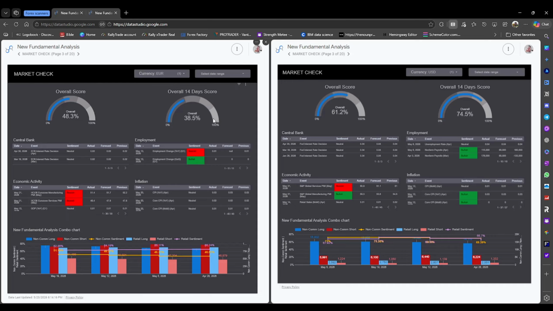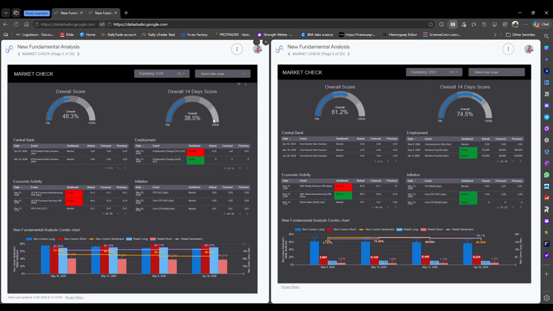And if the recent 14 days is bearish, obviously the overall data is slowly going to start tilting towards the bearish side. So basically what the 14 days is telling us is the degree at which this direction is being kept, or rather the momentum at which this market is moving.